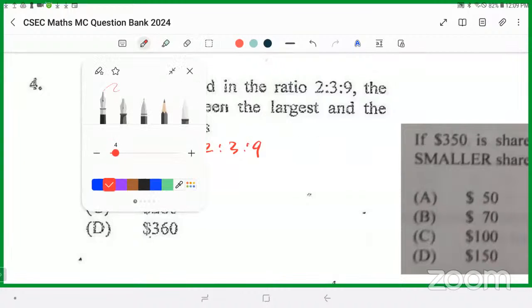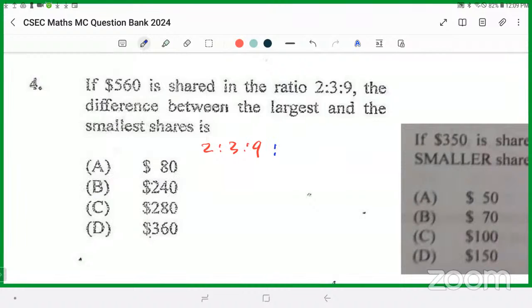I extend the ratio to include the total and the difference that they're talking about. The total of this ratio is 14, and the difference between the largest and the smallest in this ratio is 7.